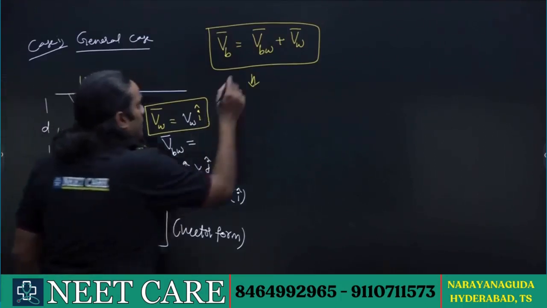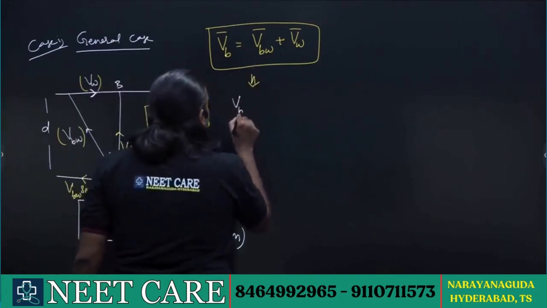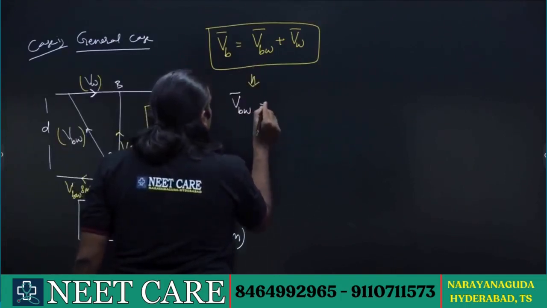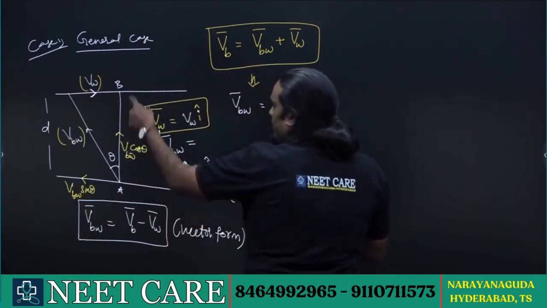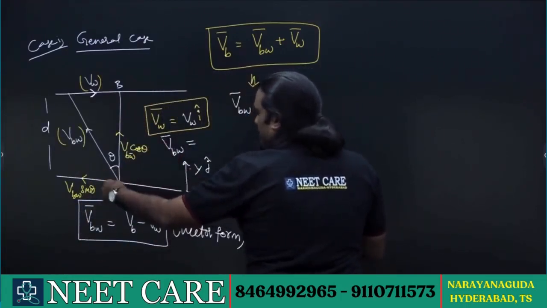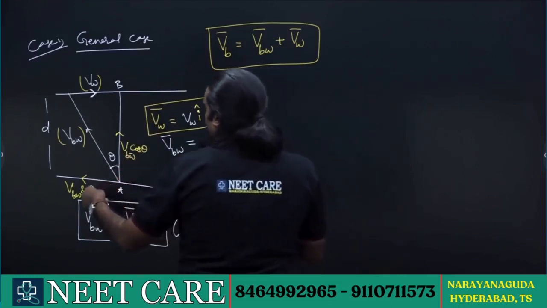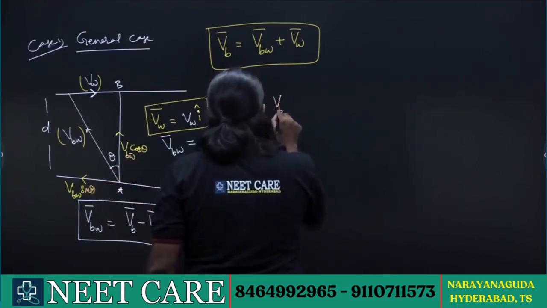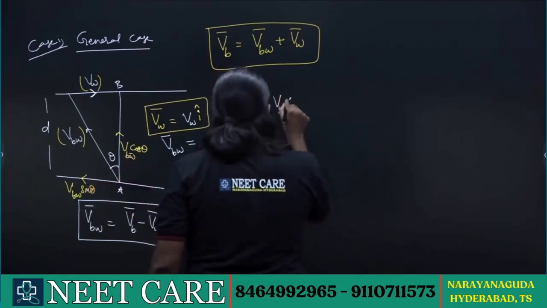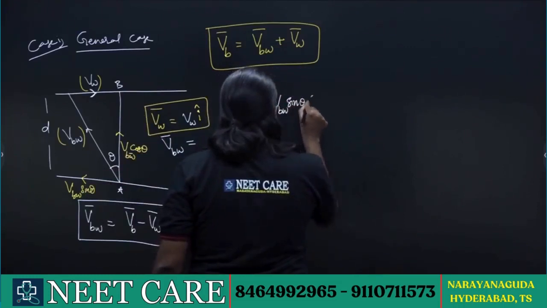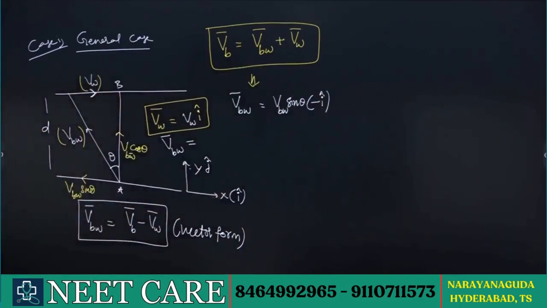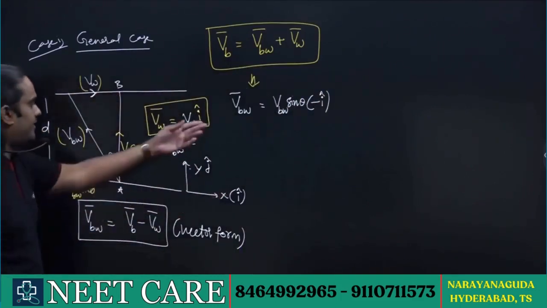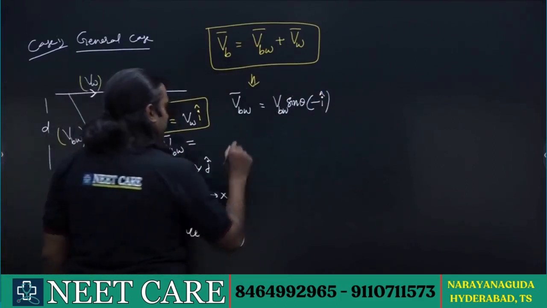Then here, let us write VBW only in the vector form. Here we resolved it along AB and along this direction. Then you can write magnitude of VBW sin theta into minus I cap, because this side we have considered plus I cap, so this side it would be minus I cap. Only the vector form I am representing here.